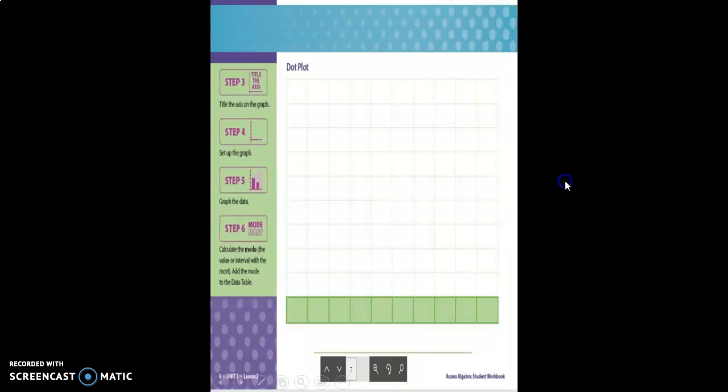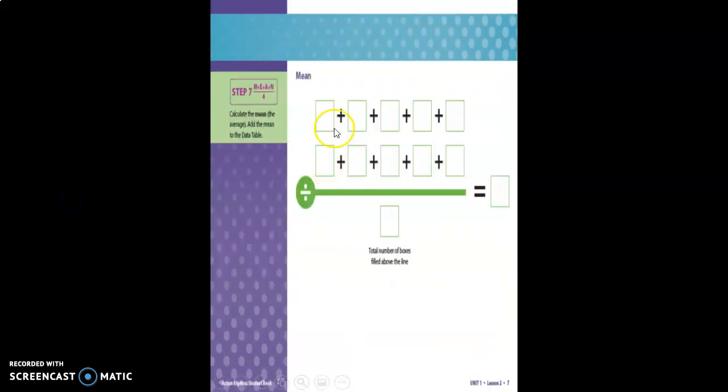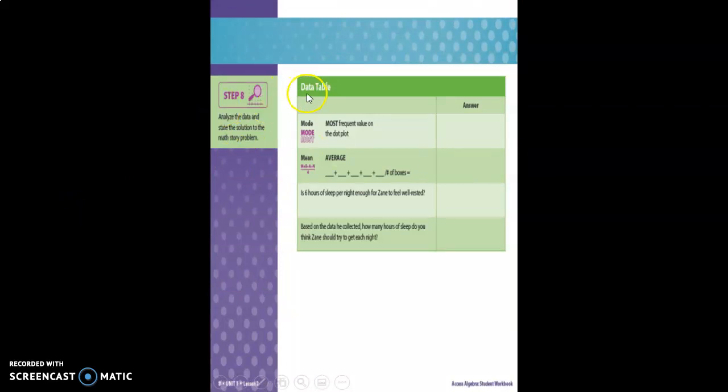What you're going to do is plot it into your graph like we did in the example, and then you're going to find the mean. And then here, you're going to find the mode. Yes, you're going to find the mean right here. You're going to add all of them together and then divide, remember, by the number of players he asked.